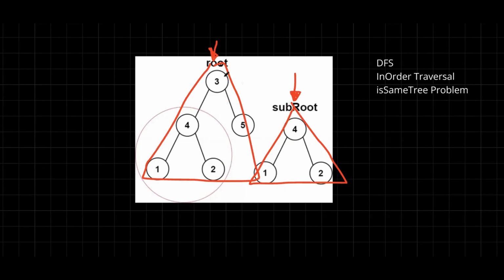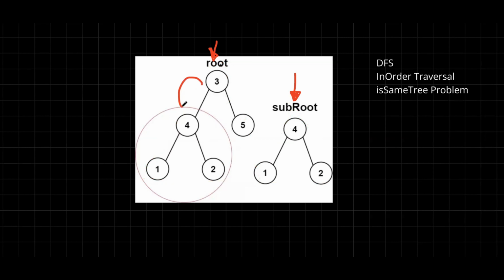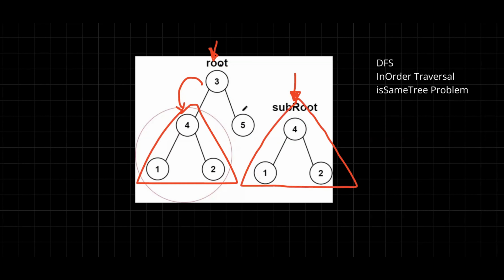But we have seen that this tree is not equal to this tree. So we have to simply try to check whether this subtree, which is 4, 1 and 2, is exactly equal to this subtree, which is 4, 1, 2 or not. Here we have seen that both of them are equal, so we have to return true.